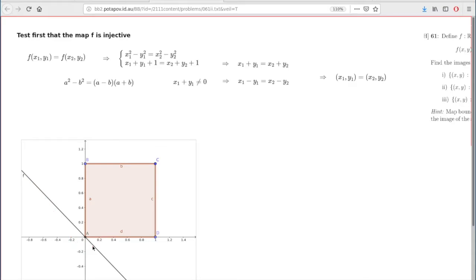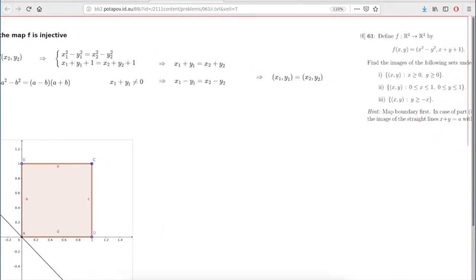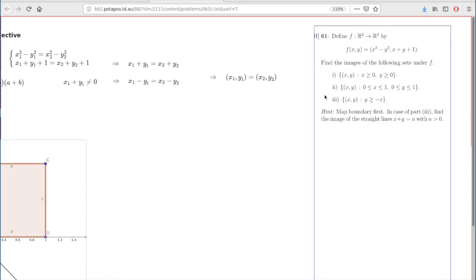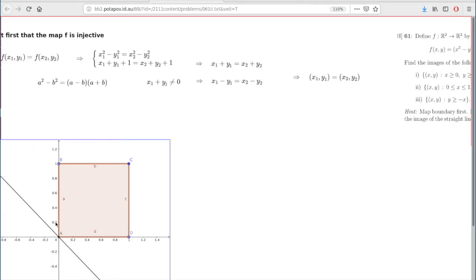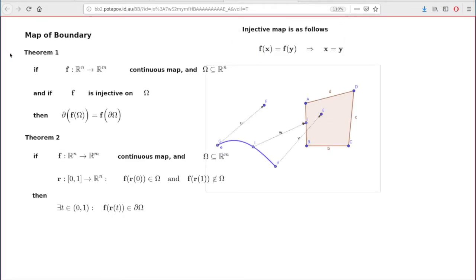Okay? This is in extremely sharp contrast to part 3, where we have to map this set and this set. It's a half plane, and that half plane actually contains this line as its boundary. Hence, for part 3, this method is not available.